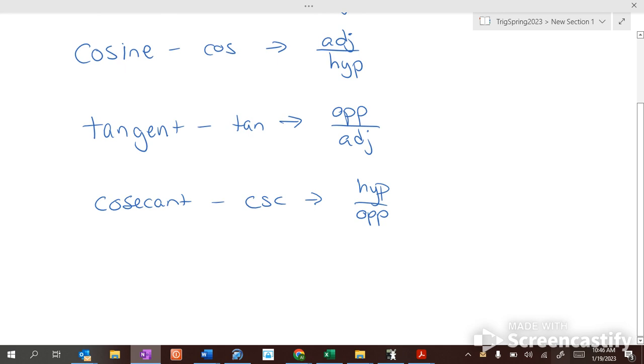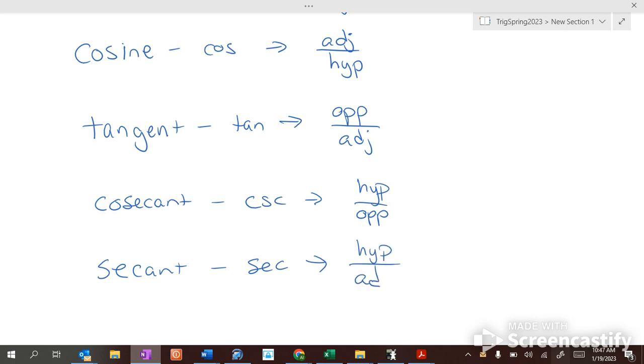And then the cofunction of cosine is the secant. Got a C in there. Which is SEC, which is the hypotenuse over the adjacent.